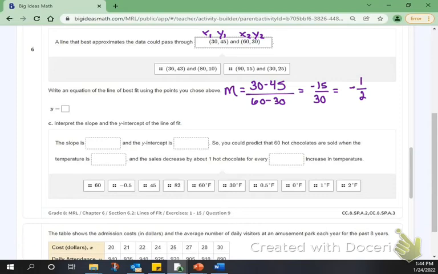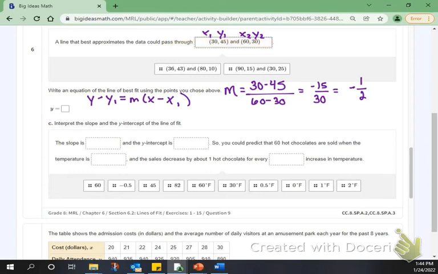Let's say the formula together. y minus y1 equals m times x minus x1. You have one question on your quiz next Monday, a week from today, that looks like this, where you have to plug it in. Now, does it matter which ordered pair you choose? Nope, doesn't matter. You can choose either one of the ordered pairs.